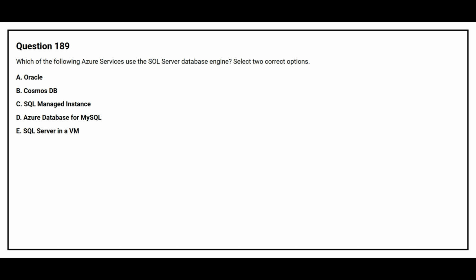Option D, Azure Database for MySQL. Option E, SQL Server in a VM. The correct answers are option C, SQL Managed Instance, and option E, SQL Server in a VM.